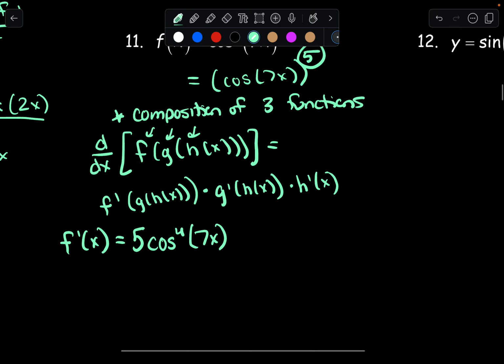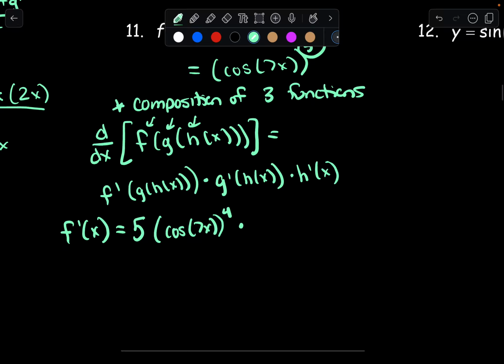It's going to be the cosine, which is g technically. So we'll have times. Now, let me rewrite this just so that we can be consistent. This is 5 times cosine of 7x to the power of 4, okay? Whoops, that should be a times.